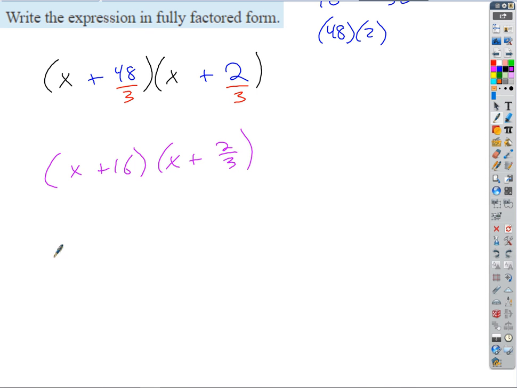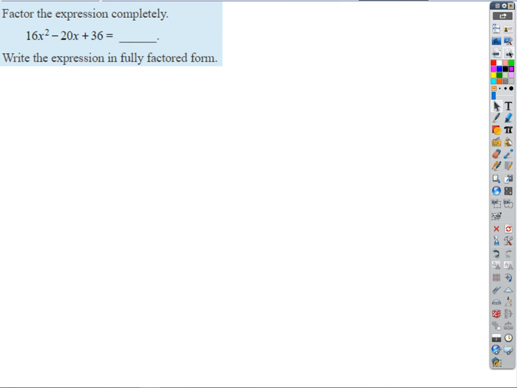Bottoms up is X plus 16 times 3X plus 2, right? Okay. On a test, what would I obviously do to check this? Yeah, just FOIL it out, see if it works. Okay, what about this guy?